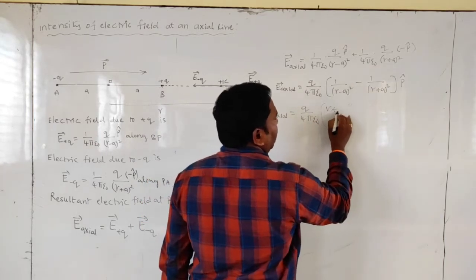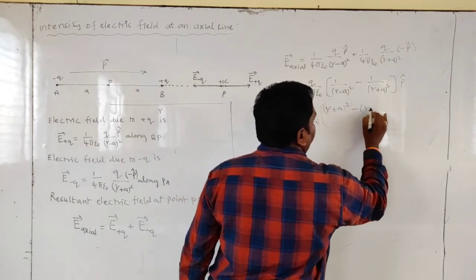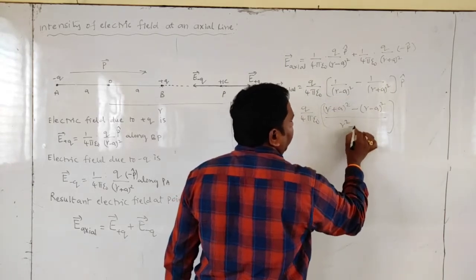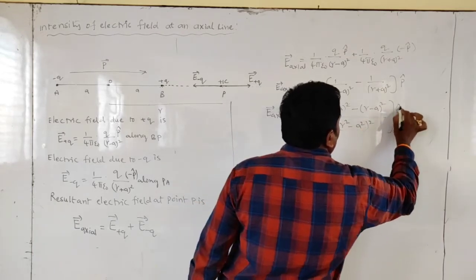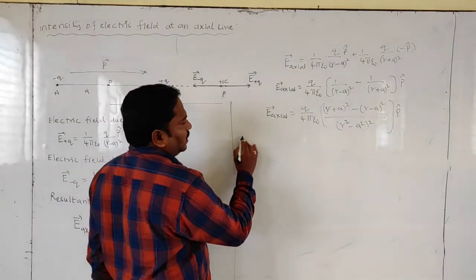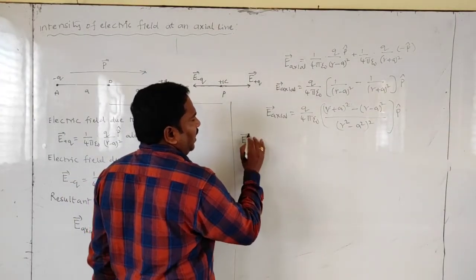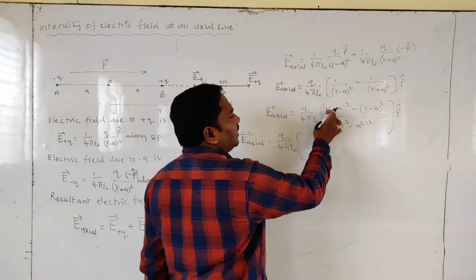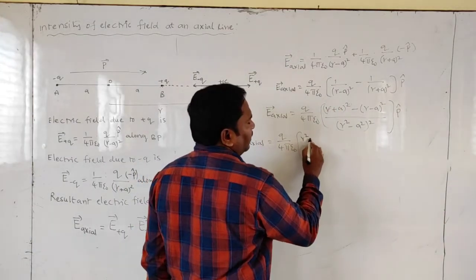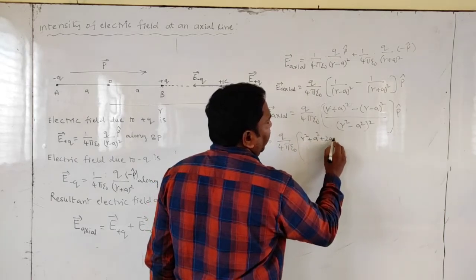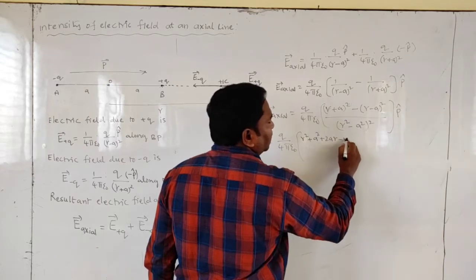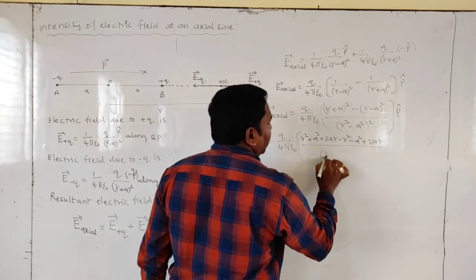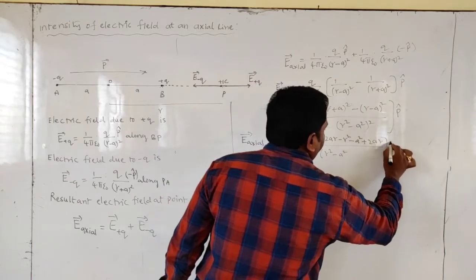Taking the LCM, (r plus a) whole square minus (r minus a) whole square, divided by (r square minus a square) whole square, into p cap. Expanding, (r plus a) whole square means r square plus a square plus 2ar, and (r minus a) whole square is r square plus a square minus 2ar, divided by (r square minus a square) whole square into p cap.